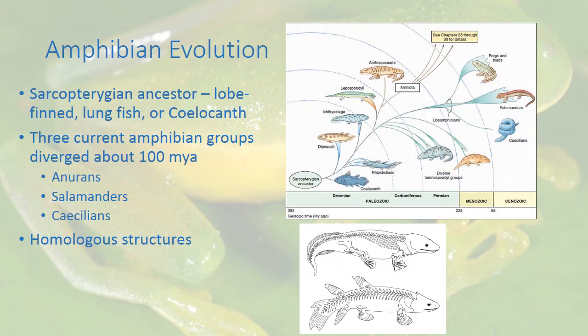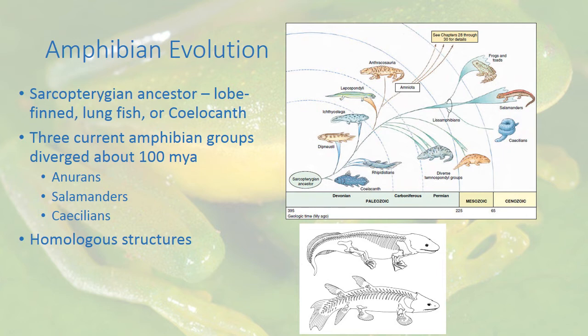Let's talk more about those. So amphibian evolution, remember when we talked about fish and we talked about the sarcopterygians and the actinopterygians? The sarcopterygians were those fish that were like the lobe-fin fish or the lungfish and the coelacanths, the really kind of primitive fish. And these guys are the ancestors to amphibians.